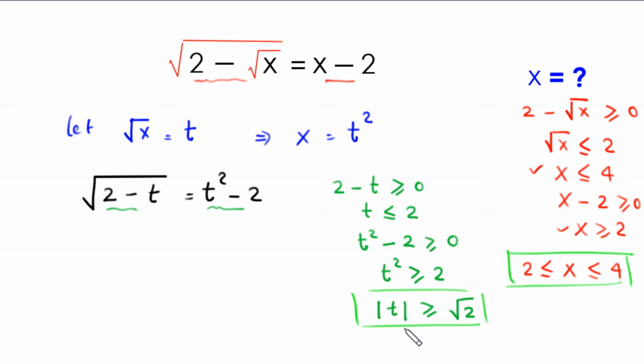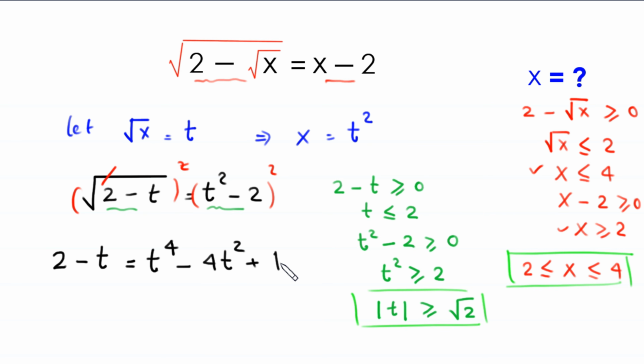Now let's continue by squaring both sides of this equation. So this square will be cancelled with this square root. We are left with 2 minus t equal to this (t squared minus 2) whole squared, which will become t to the power 4 minus 4t squared plus 4.